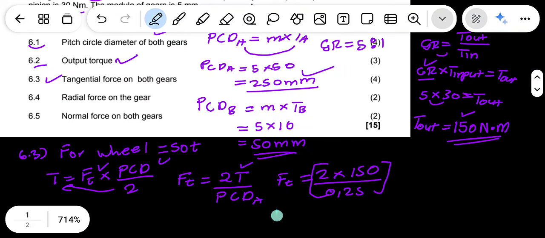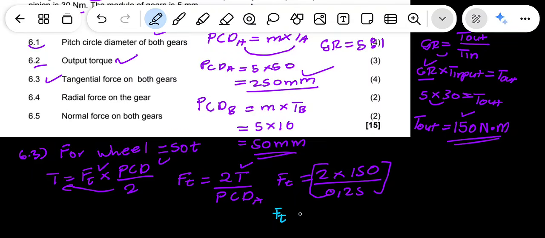So I'll have our Ft there. We divide by 0.25, and will approximately obtain 1200 Newton. That is what you have obtained.